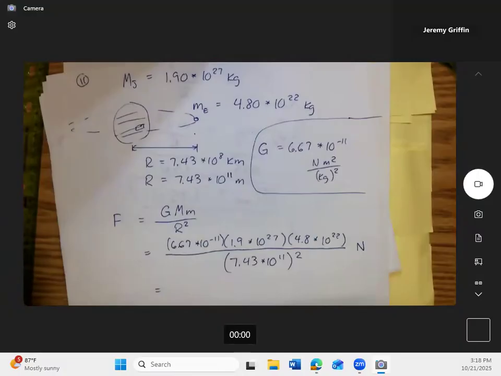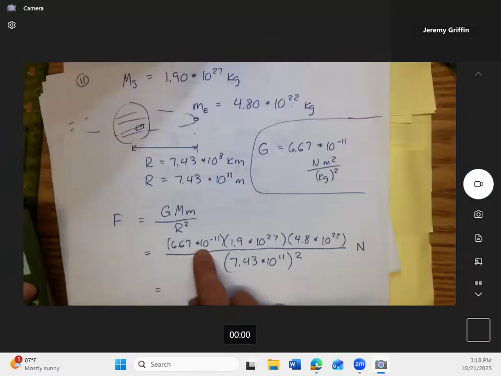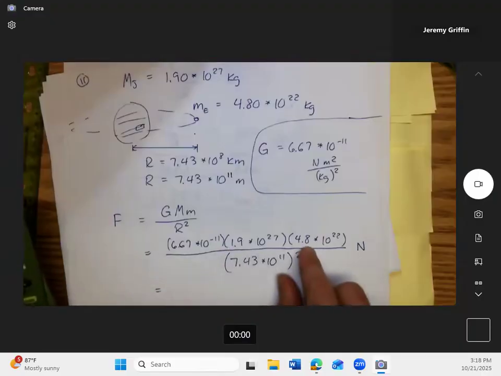See if we all get the same thing. Okay, I got 6.67 times 10 to the negative 11. I got 1.9 times 10 to the 27. All right, fix that. I got 4.8 times 10 to the 22.